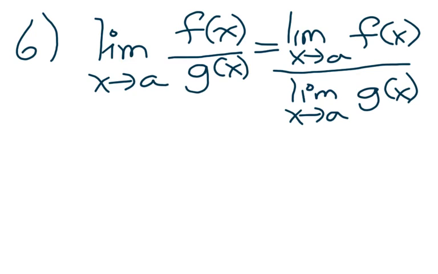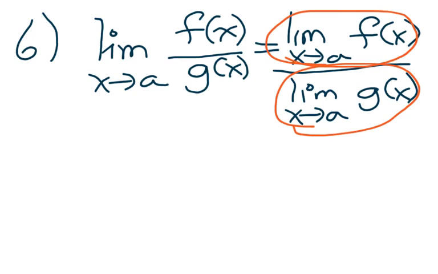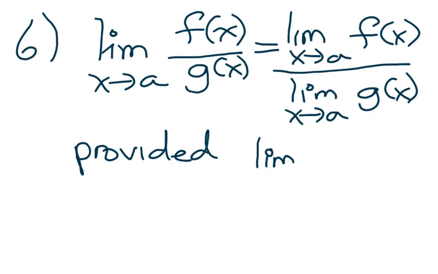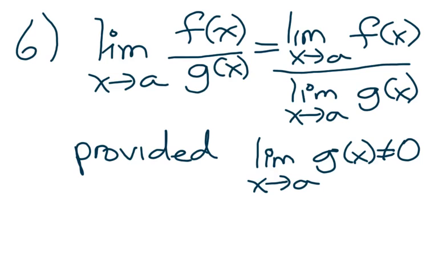So not only do we need that these two limits individually exist, we also need that we aren't dividing by zero. So provided the limit as x approaches a of g of x is not equal to 0.